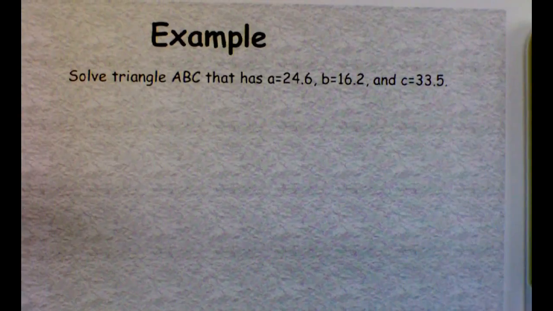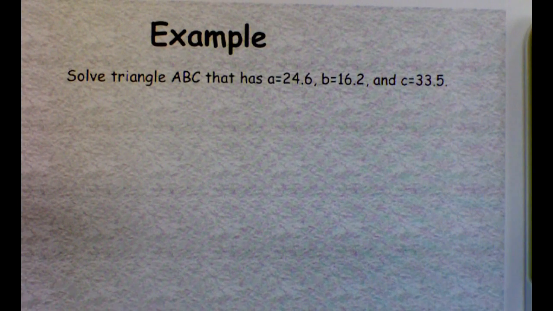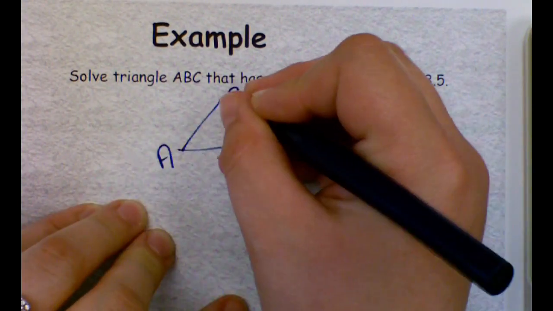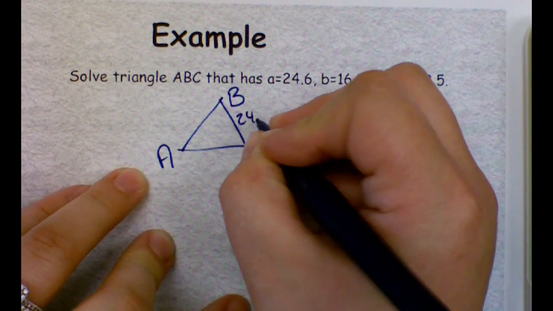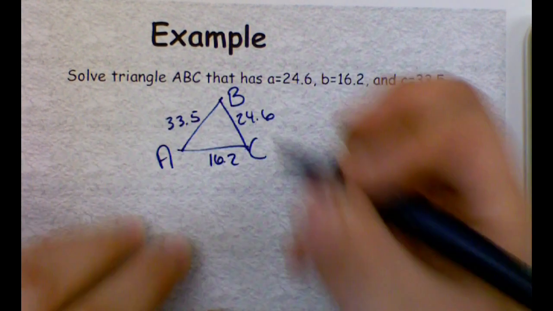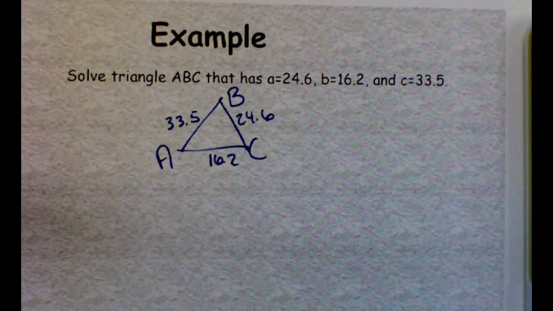Let's try another. This one is 3 sides again. Draw myself a triangle. Side A, B, and C. Now my suggestion is find the biggest angle first in this scenario.